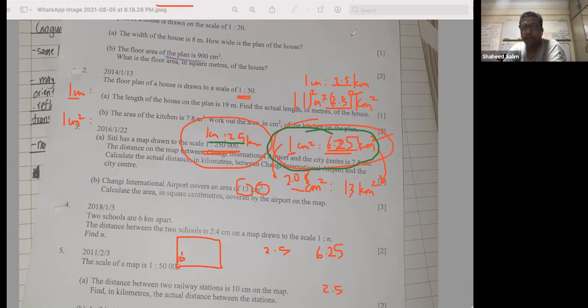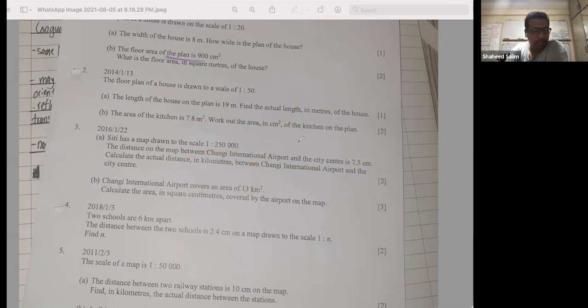We try question 4. We go through the whole thing then. Okay. This one now you got to find the ratio.